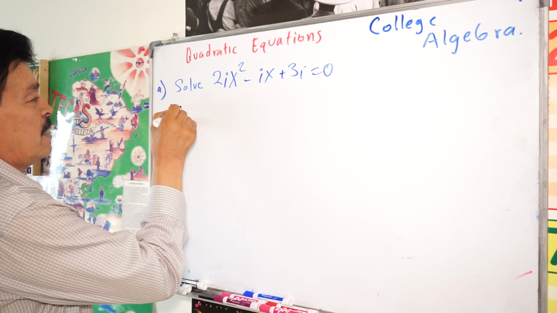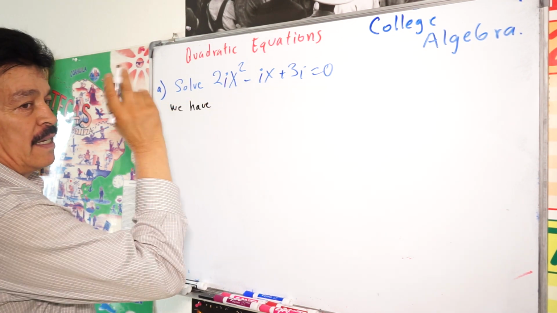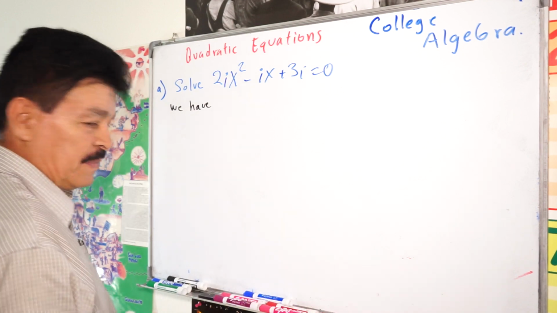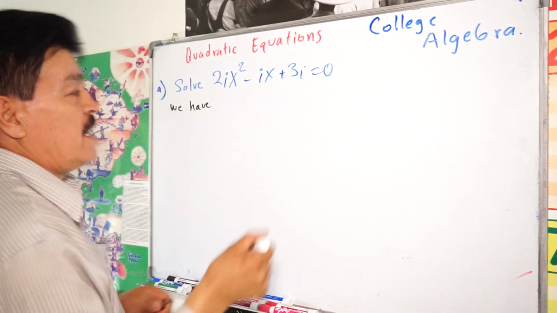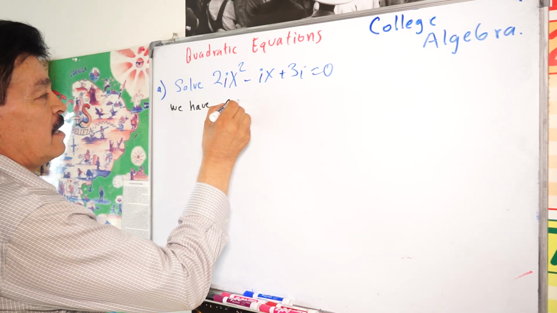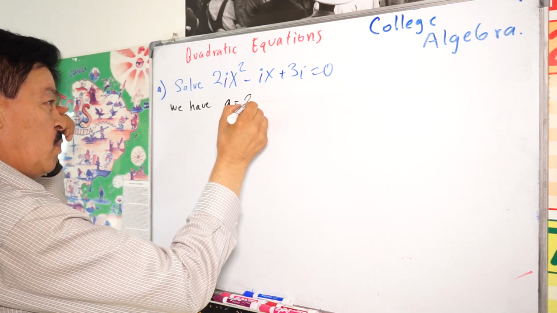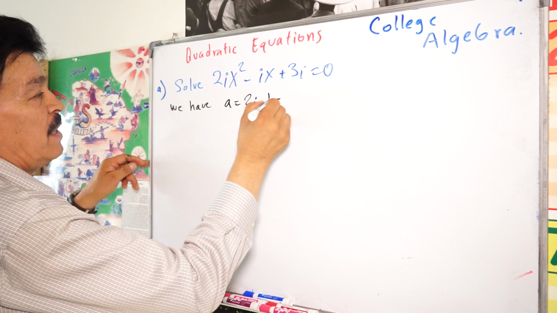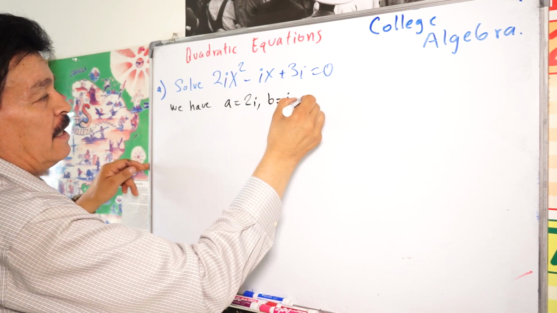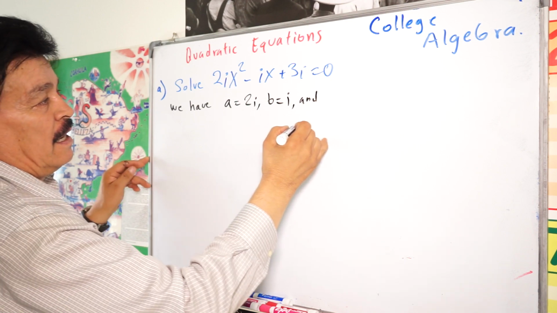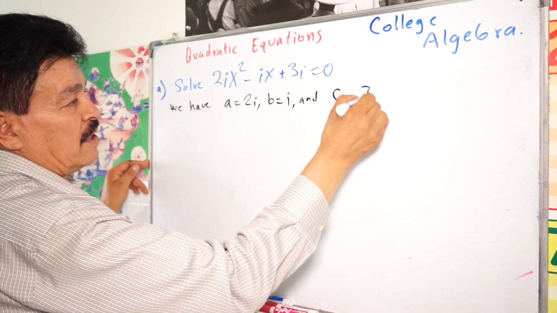We have here a equals 2i, and b equals i, and c equals 3i.